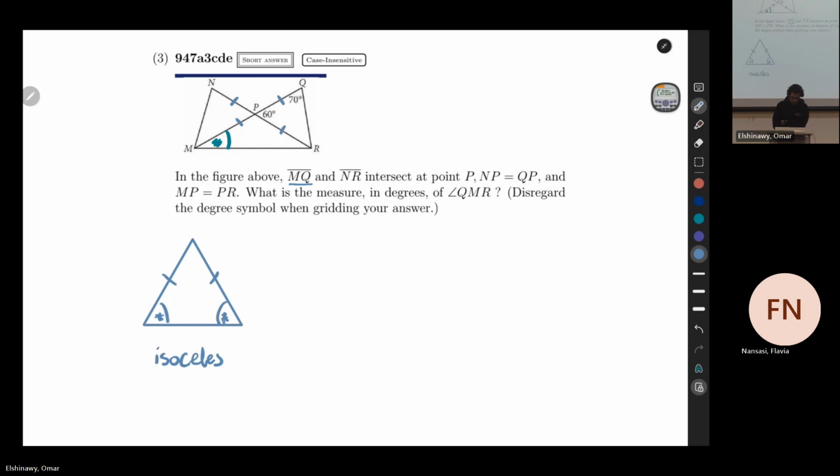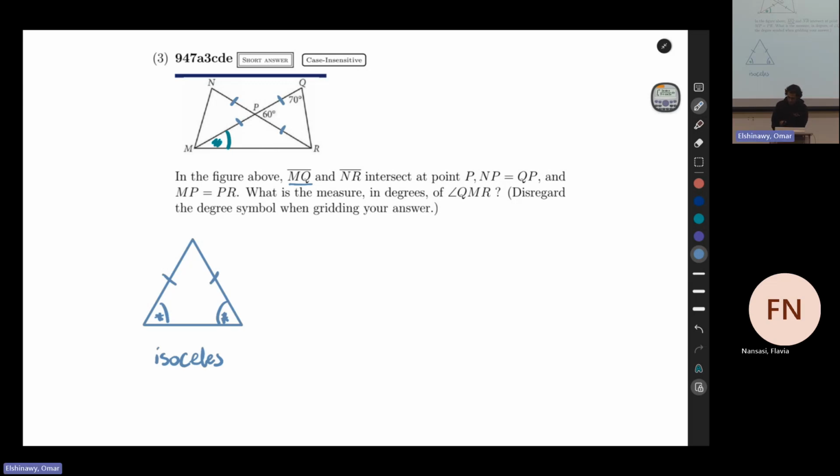If two sides are equal, then the angles are equal. And if the third side were also equal, then each angle would have exactly the same degrees.